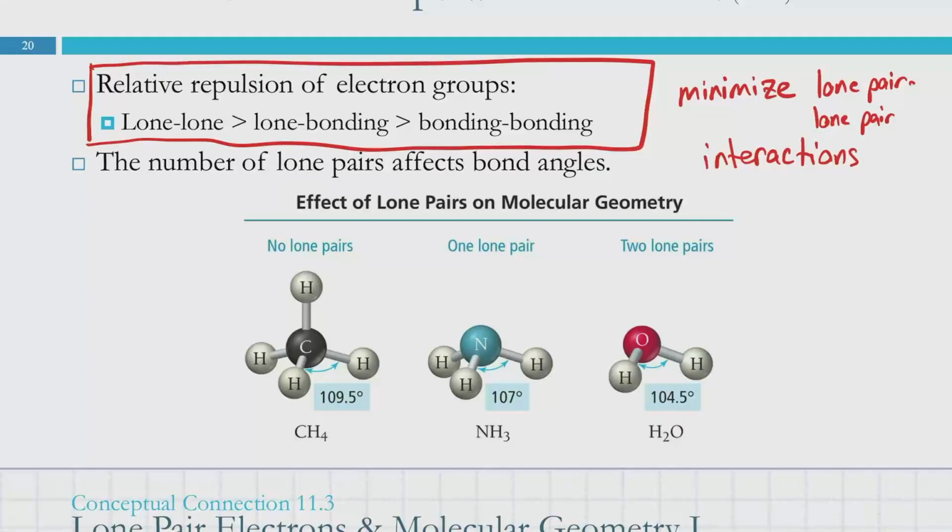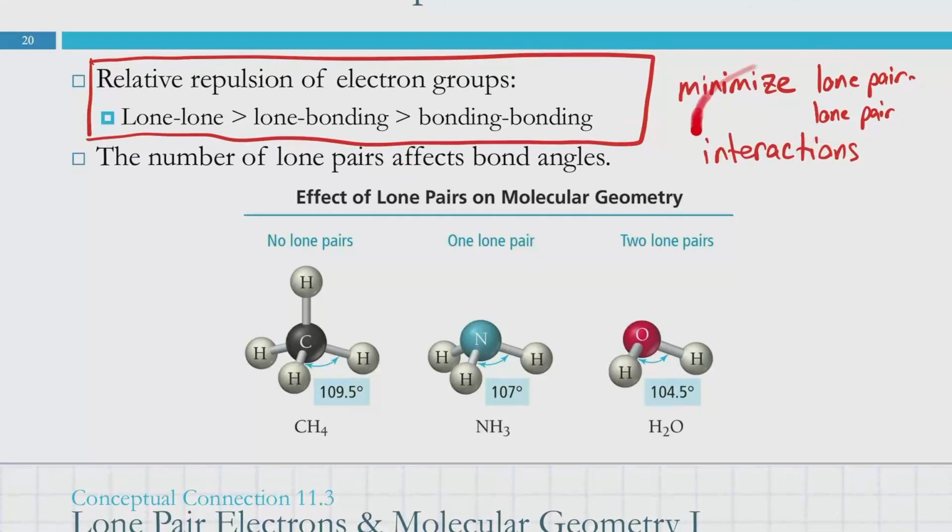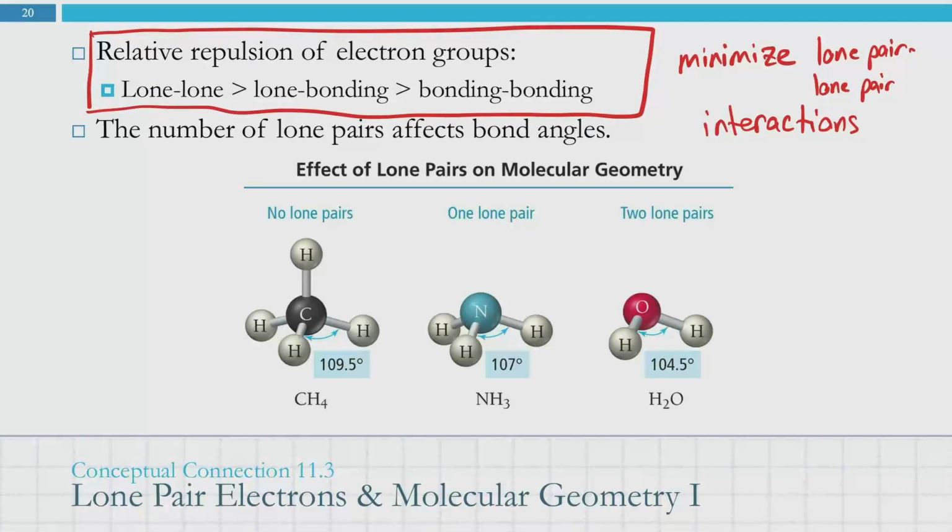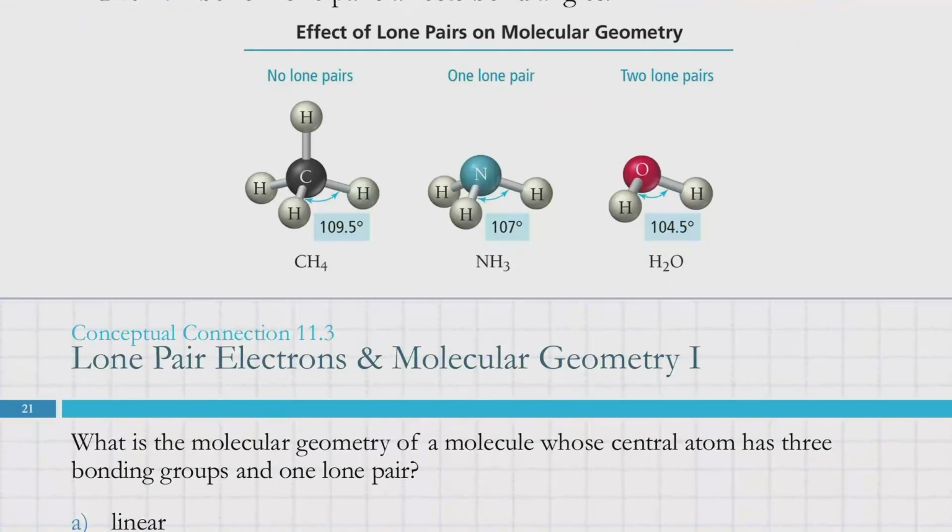Oh, this person really likes playing board games. Let's put the board games in this room. This person really likes talking about this other stuff, like action figures, movies, whatever. We're going to make sure that the movies and the board games are in separate areas so that they don't interact with each other. That's what we're trying to do when we're coming up with shapes. But lone pair interactions, that's what we're trying to minimize.